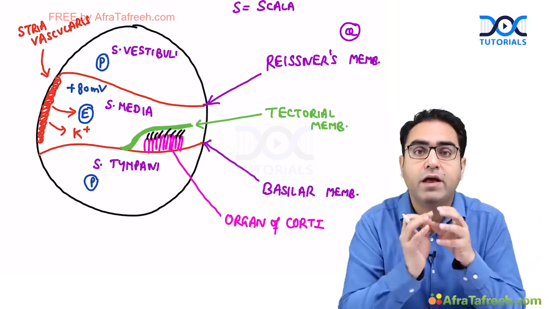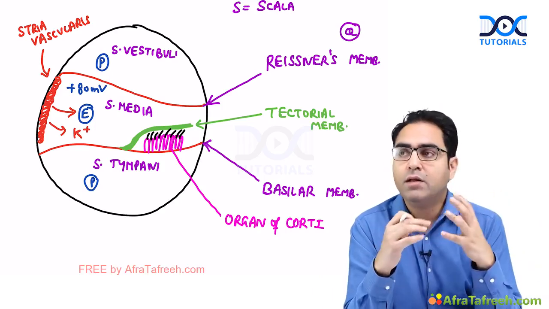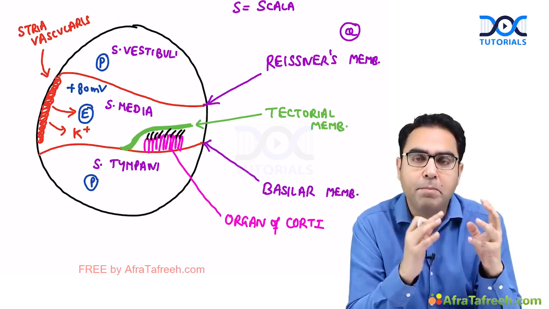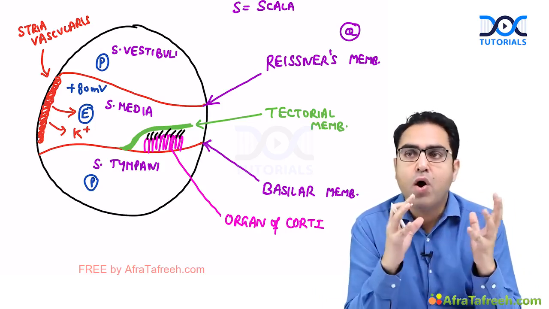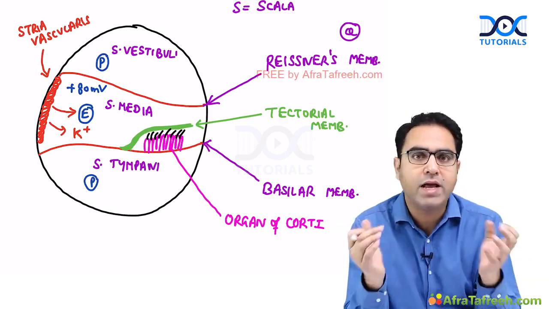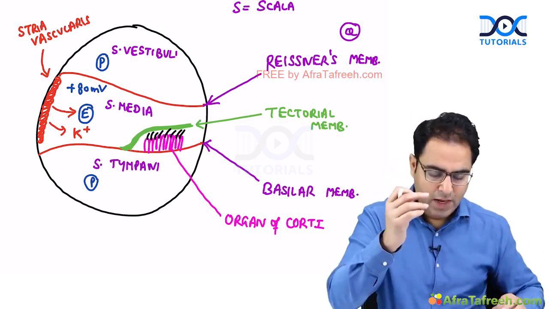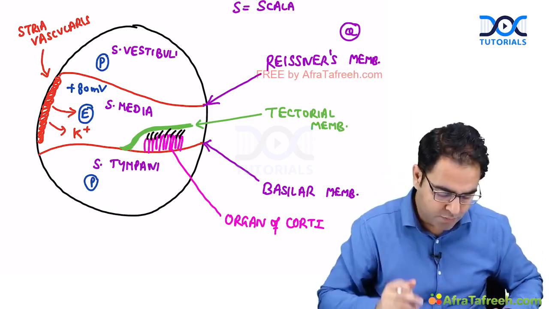Let us revise. Reisner's membrane separates scala vestibuli from scala media. The basilar membrane separates the scala media from scala tympani. The organ of Corti lies on the basilar membrane, and the organ of Corti is covered by the tectorial membrane. Okay, fine. Let us write a few lines about the organ of Corti.